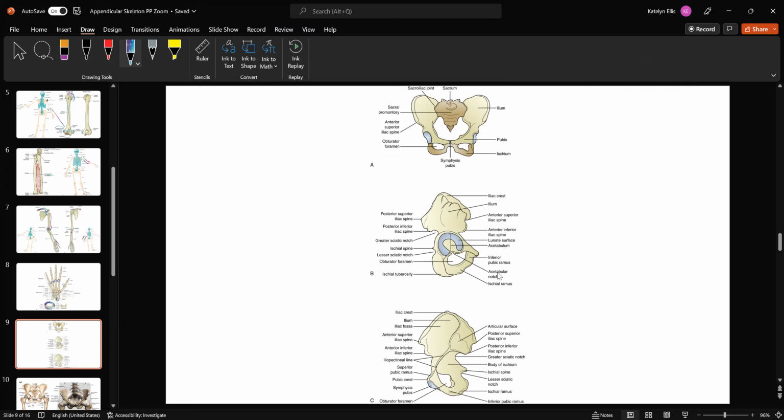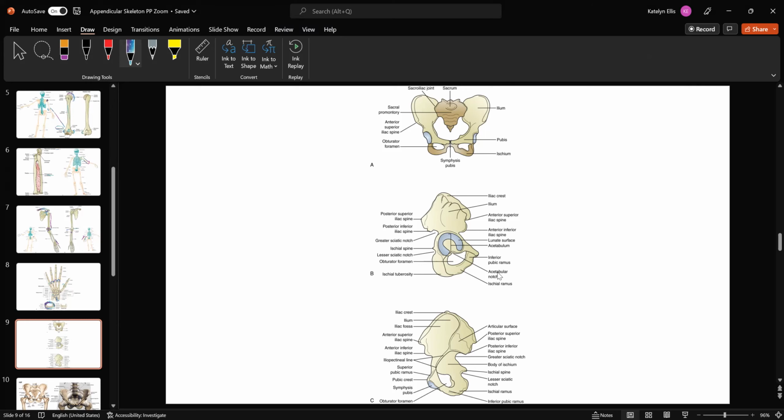You can see the sacroiliac joint. This is where your hip bones interact with your sacrum. This is where, when you walk, your hips wiggle with your back. This large bone is the ilium. The front of it here is the pubis, and this lower arch is called the ischium.